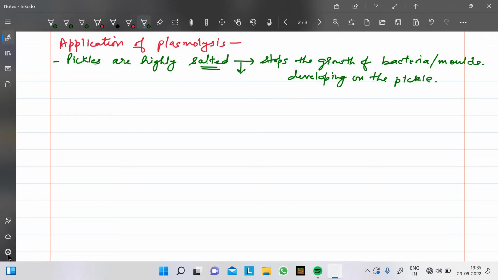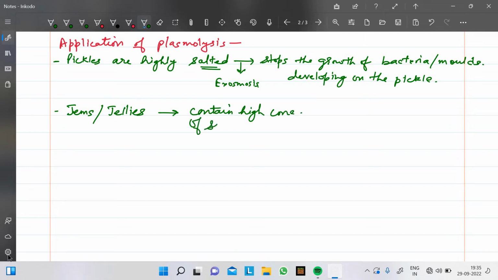How? By exosmosis. Clear? Similarly, jams and jellies contain a high concentration of sugar. Same rule, by exosmosis.